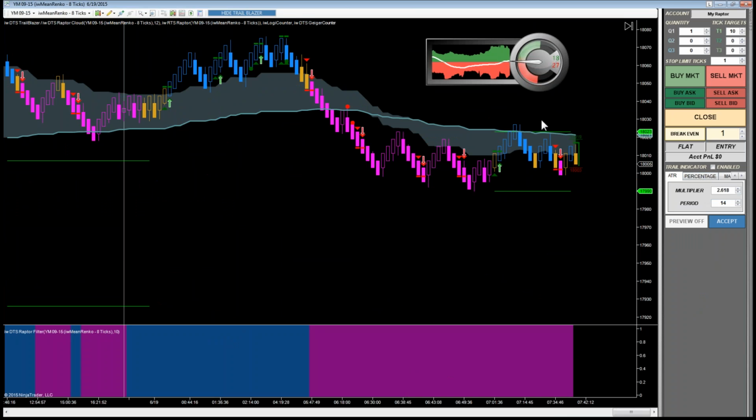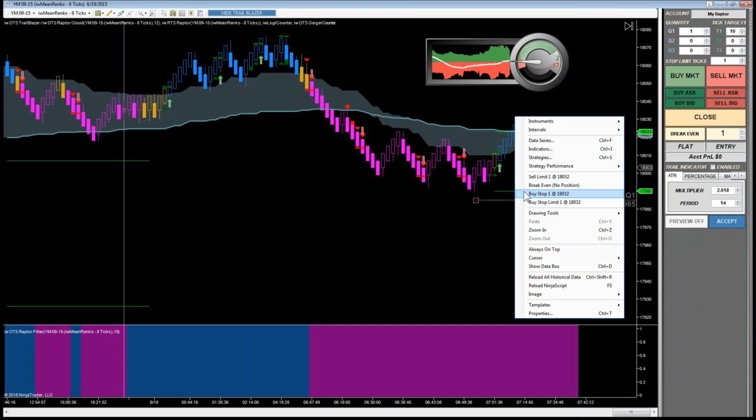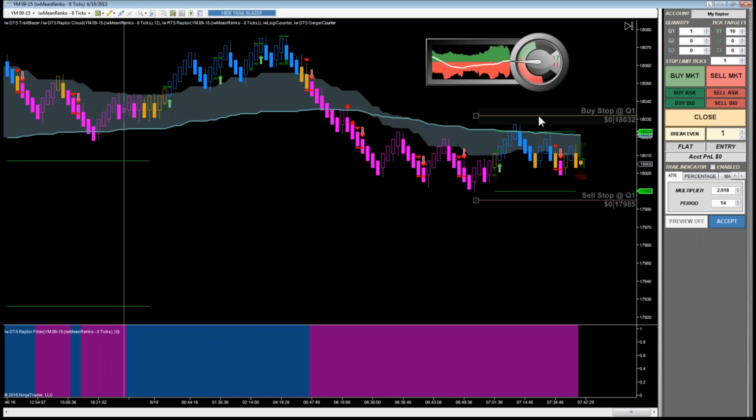So here too, what I was saying is it's such a tight range, we could practically just bracket the high and the low of this range and just let the market determine which way it wants to go, if it can even manage to get outside of there.